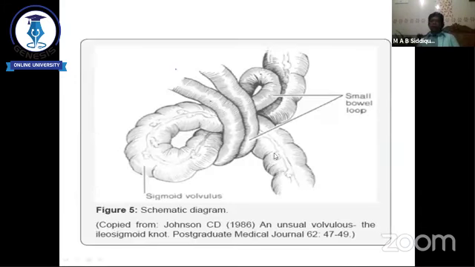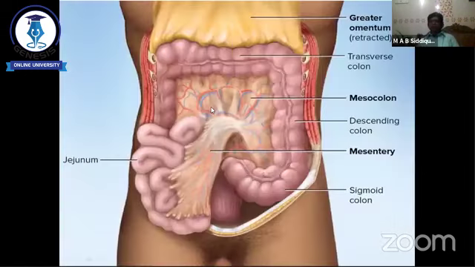If you look at this picture, what will happen? This is the sigmoid colon, this is the appendices epiploicae, and this is the ileum. If you look at this picture, the sigmoid colon and the ileum may rotate around each other.